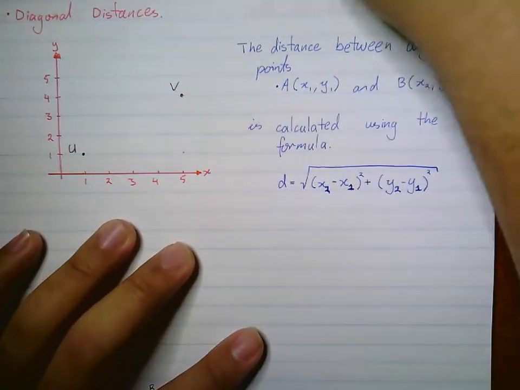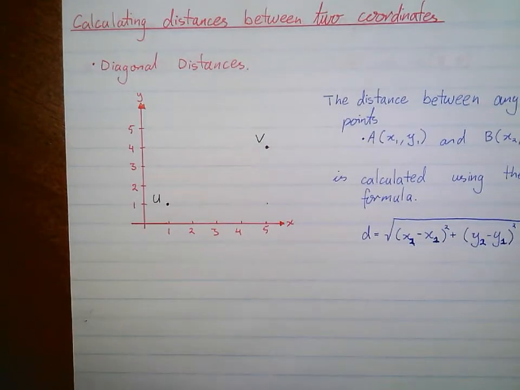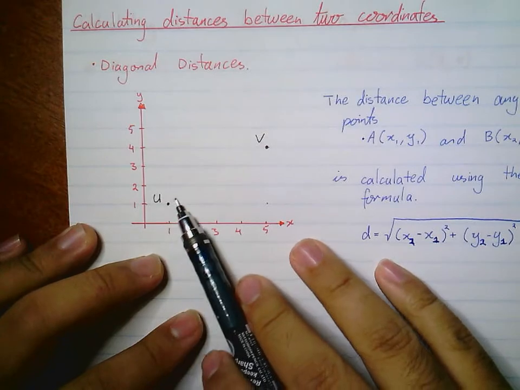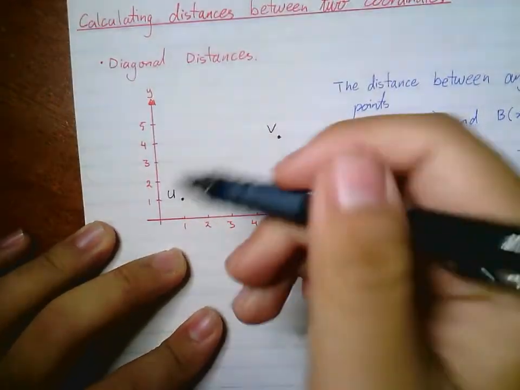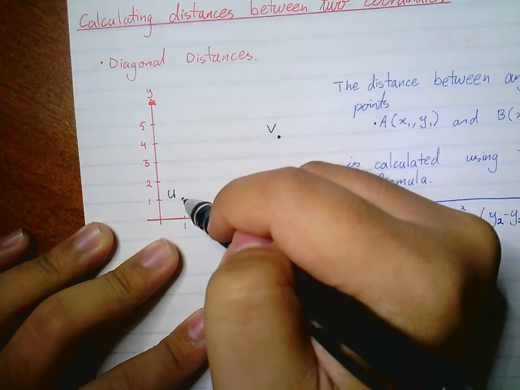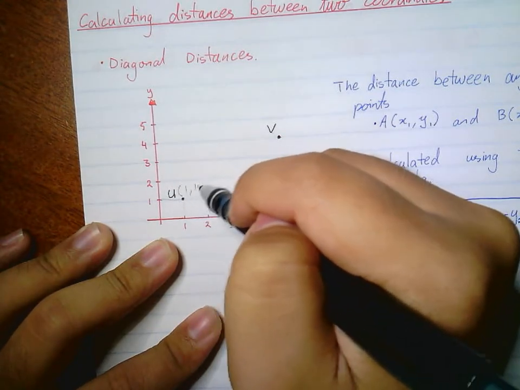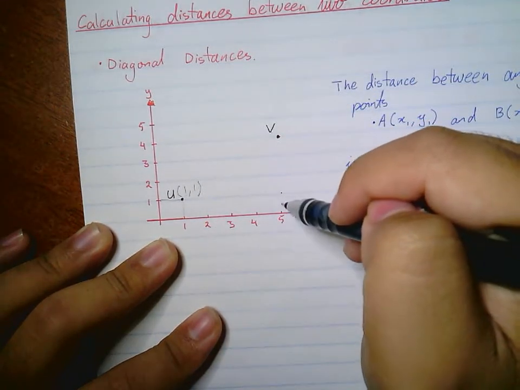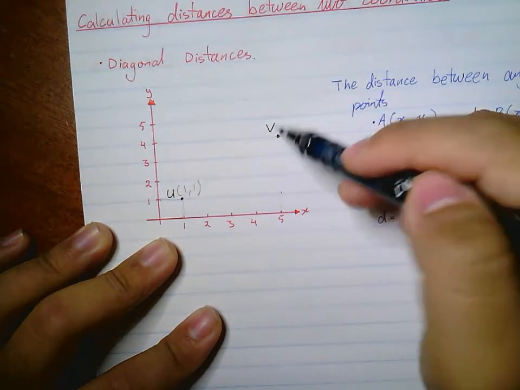So let's do an example here. We have 2 points, any 2 points, and this time it's a diagonal distance, so we can't just count these. First we'll find the coordinates of this. Just clearly looking, it's 1, 1, and the coordinates for this is 5, 4.